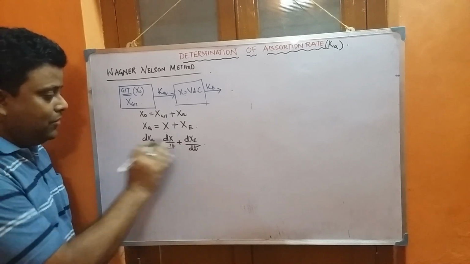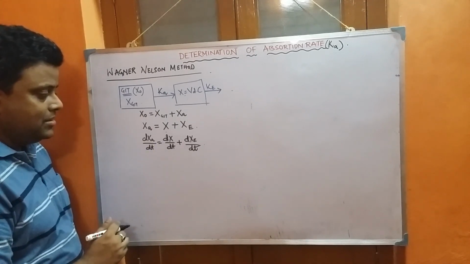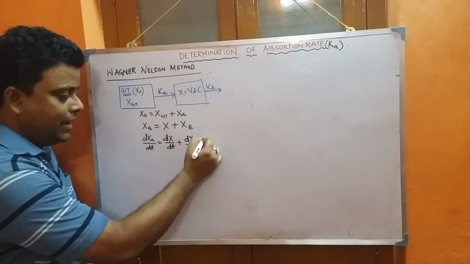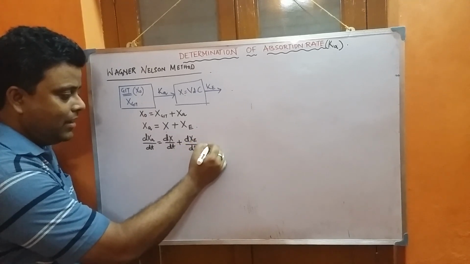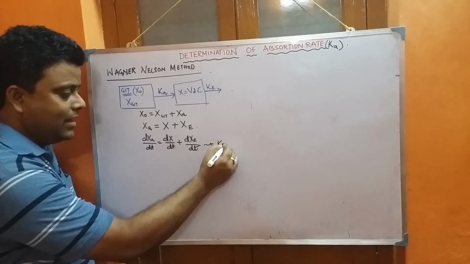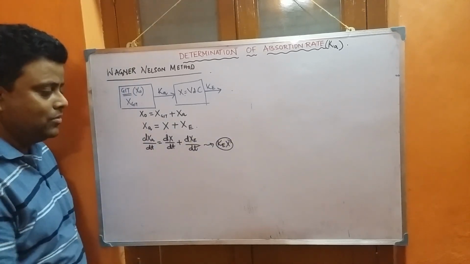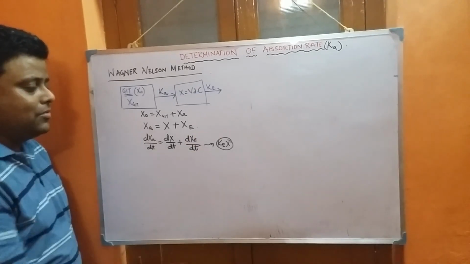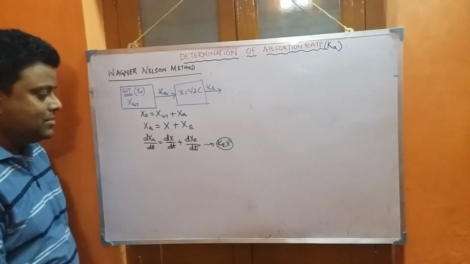And now, of course, dXe by dt can be written as KeX. So we can write this in place of this. So it depends upon the amount of drug which is undergoing the elimination process.